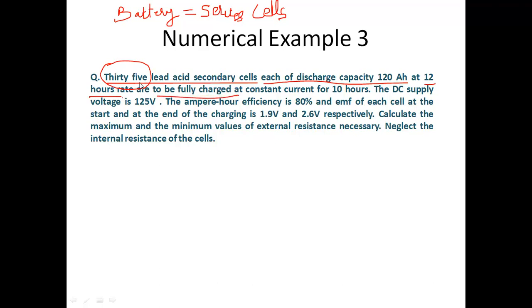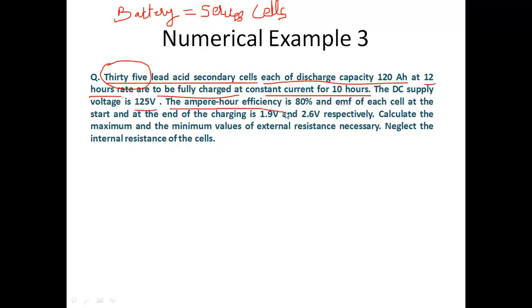All these 35 series connected cells are to be fully charged at constant current for 10 hours. The current here is not given, so we will have to calculate the current. The DC supply voltage is 125 volt, which means that a 125 volt DC supply is to be used to charge these 35 cells.